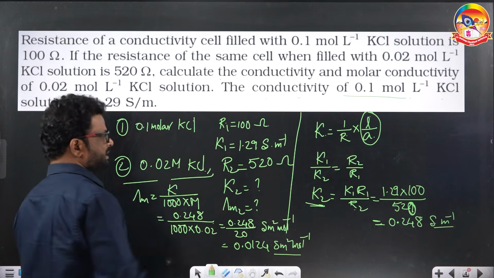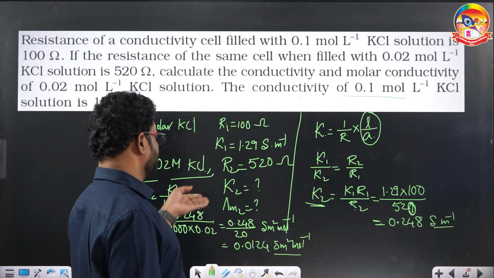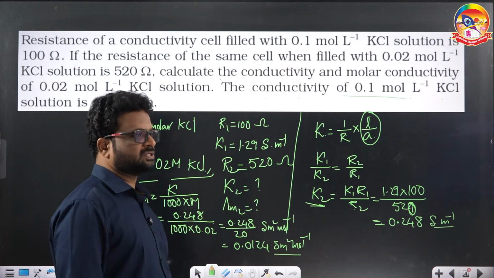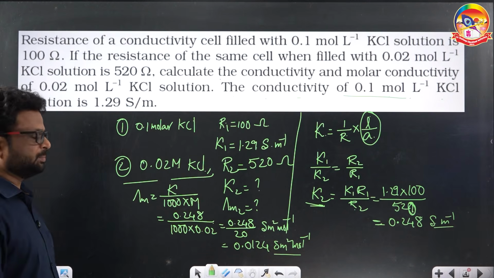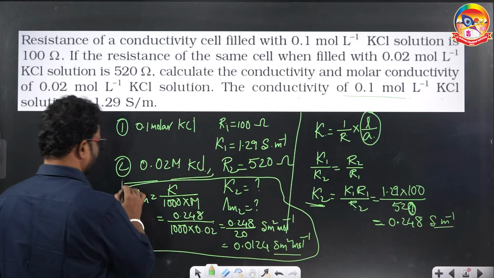Like this. They may not give you both at a time in a question. They either ask you to find lambda m, or they'll stop the problem with K2 of the solution. So this is the approach to solve a question related to conductance.